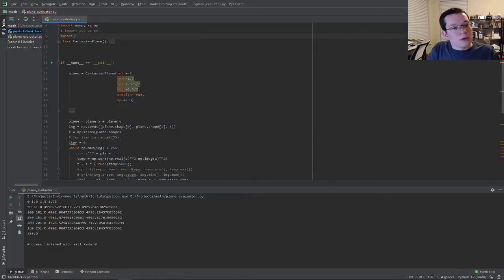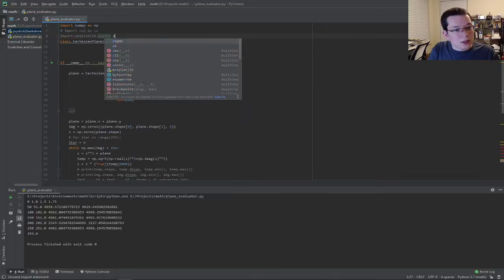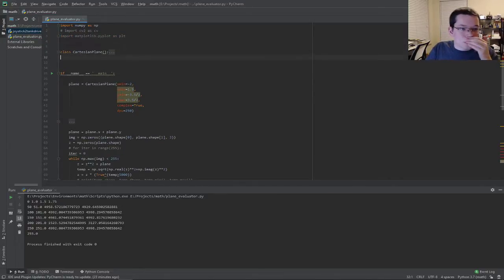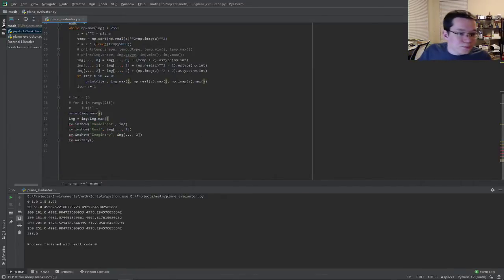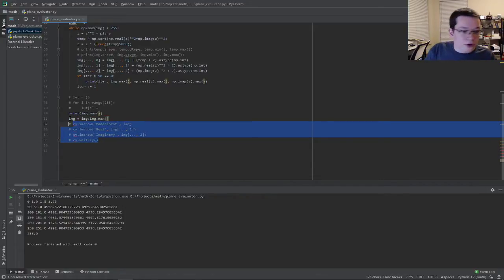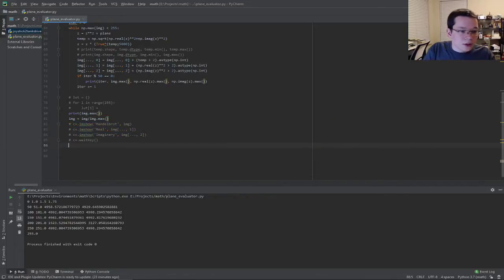Import matplotlib.pyplot as plt. So what I'm going to do now is graph it on a grid. A proper mathematical grid where I can look at the coordinates and everything. I can't remember how to do that.